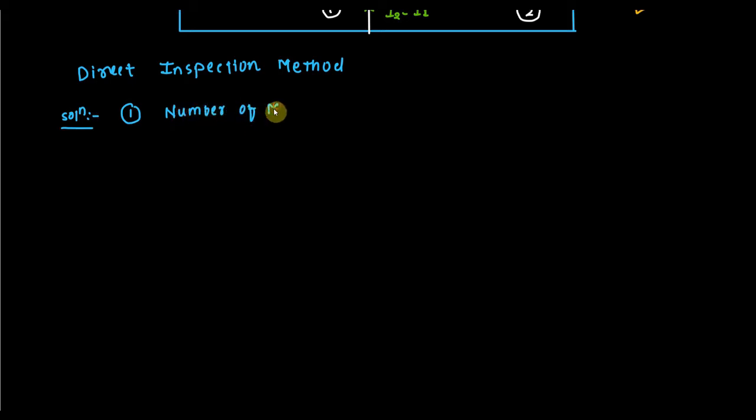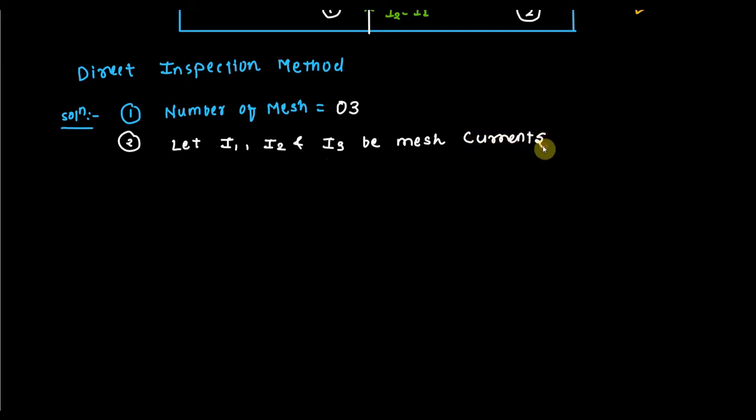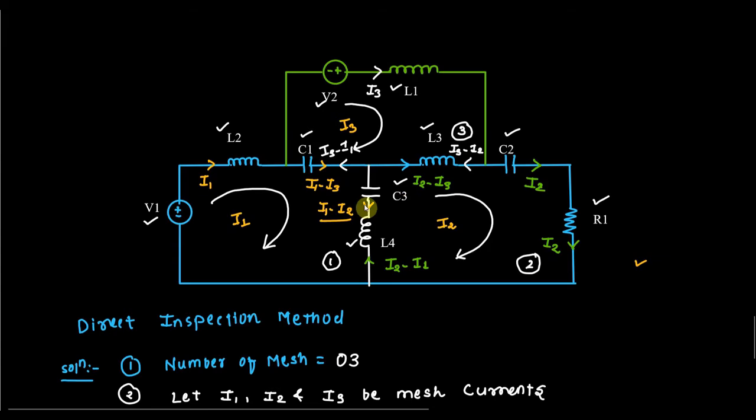In this question we have three meshes. In the second step, assume the mesh currents. Let I1, I2 and I3 be the mesh currents, which I have already marked in the previous question, so I am taking them as they are.